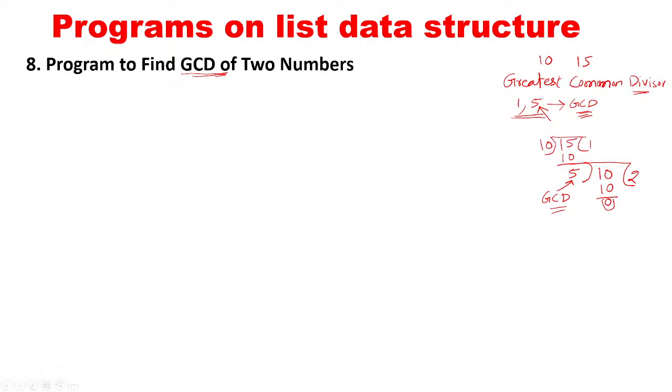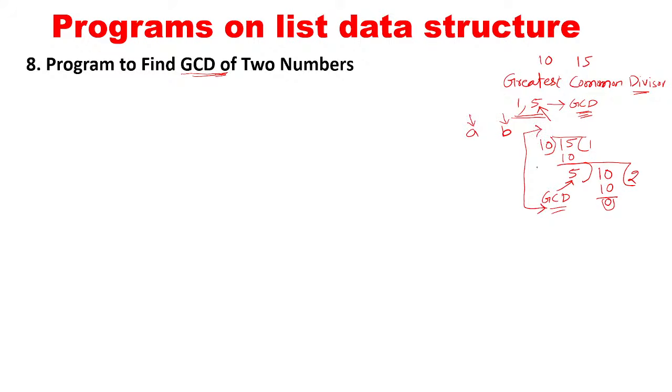Now the same mathematics we need to convert into programming steps. Considering the first number as a and the second number as b, given two numbers a and b, you need to find the GCD of these two numbers a and b. This logic, this mathematics, now we will try to convert into programming.